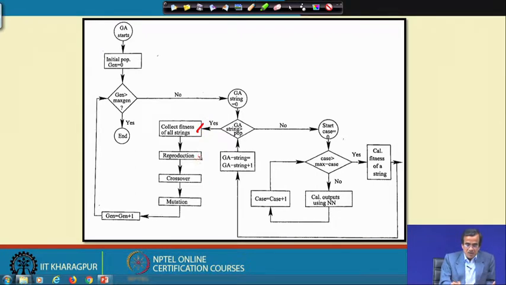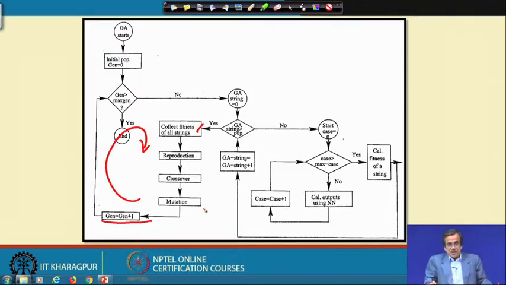Now, we go for the reproduction scheme to get the mating pool, we go for crossover for exchange of properties, and we go for mutation for sudden change of the parameters. This is the generation counter, generation equals generation plus 1, and this process will go on, and through a large number of iterations or generations, the GA is going to evolve that particular network.